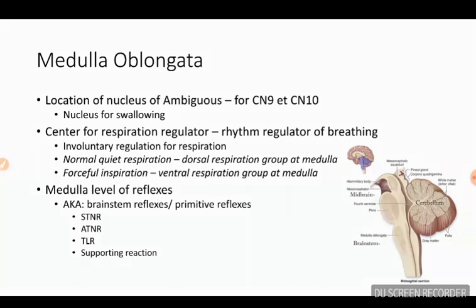It is also the center for respiration regulator. The dorsal respiration group at the medulla controls the normal quiet respiration, and the ventral respiration group of the medulla is responsible for forceful inspiration.